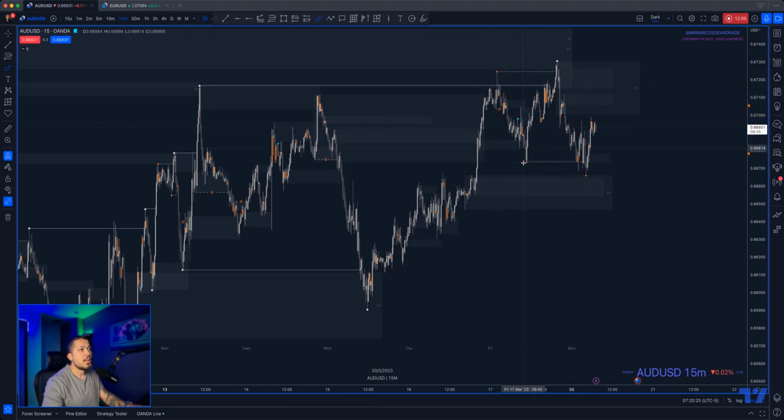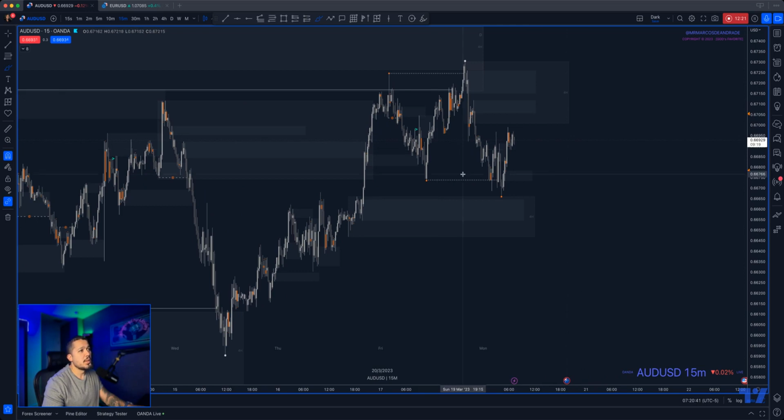So here we closed below this, so because we had this push, the pullback, the push, the internal was making higher highs, and now it changed to bearish. That was that move that I said could have been just to mitigate that 4 hour.